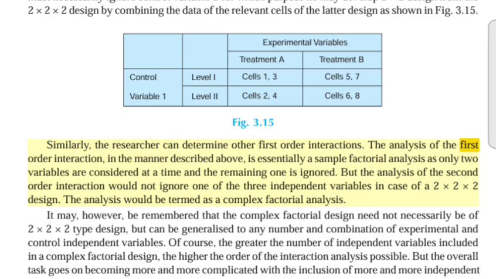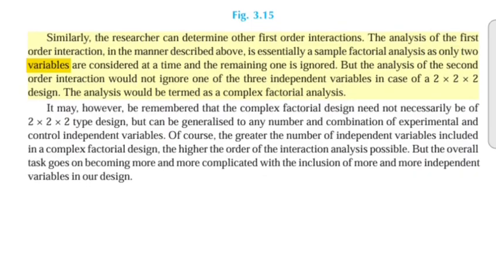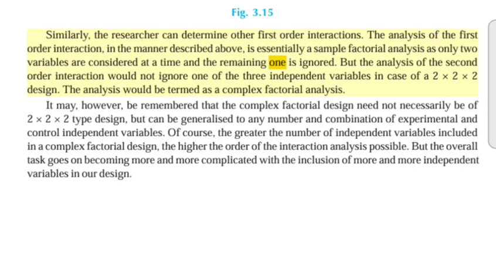The analysis of the first-order interaction, in the manner described above, is essentially a simple factorial analysis as only 2 variables are considered at a time and the remaining one is ignored. But the analysis of the second-order interaction would not ignore one of the 3 independent variables in case of a 2 times 2 times 2 design. The analysis would be termed a complex factorial analysis.